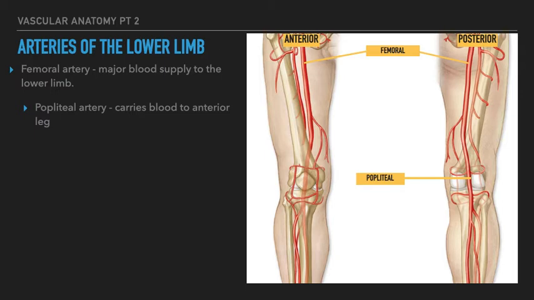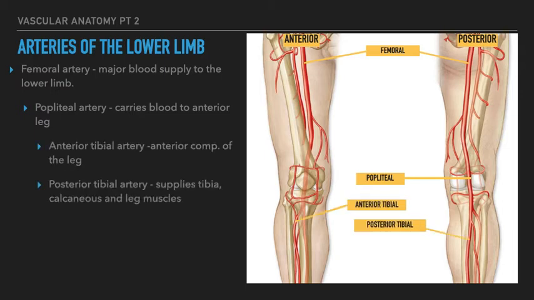The popliteal artery then splits into the anterior and posterior tibial arteries. The anterior tibial artery is the main blood supply for the anterior compartment of the leg. The posterior tibial artery supplies oxygenated blood to the tibia and calcaneus and a large number of leg muscles via some branches.